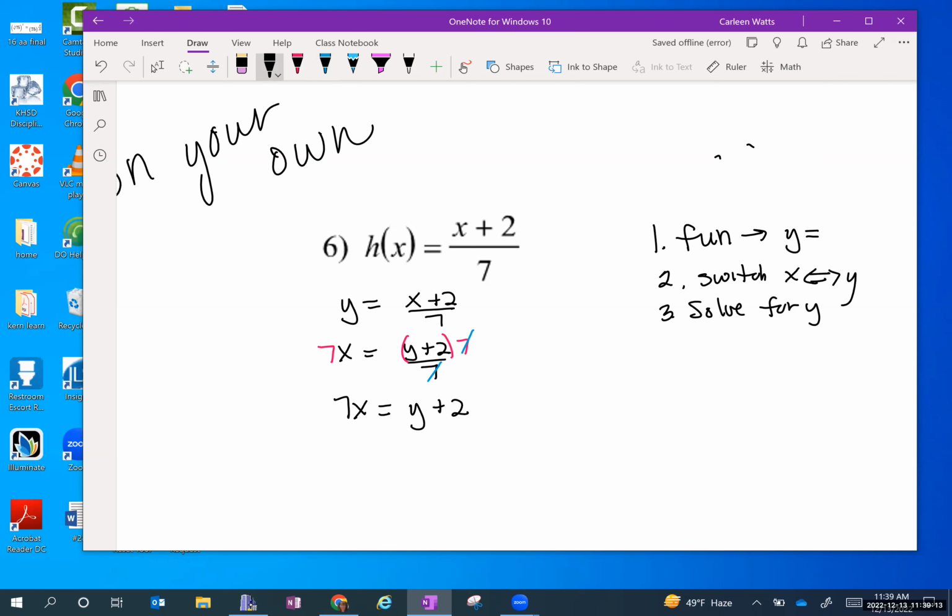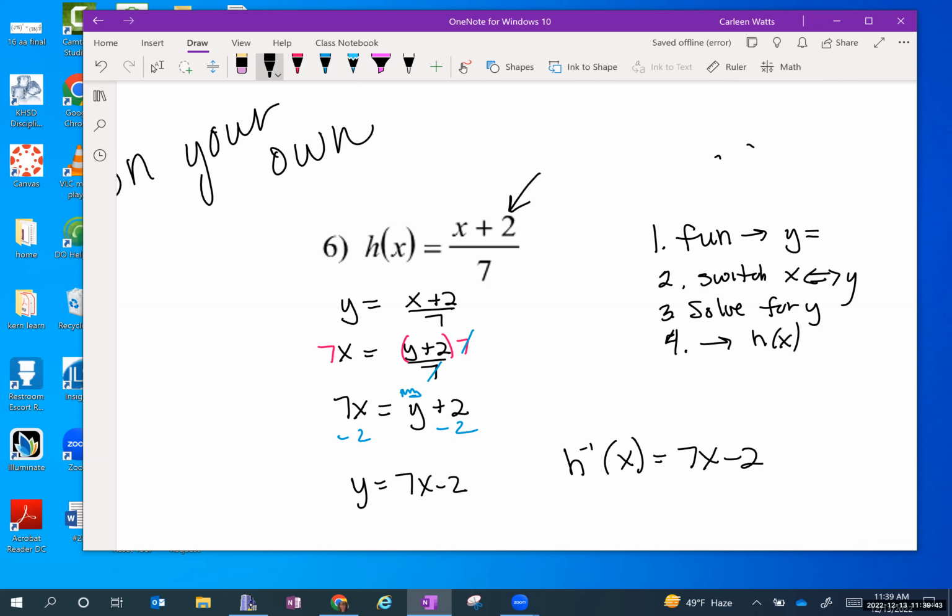So we're solving for y. Here's a little crown. So we're going to subtract 2. Y is equal to 7x minus 2. Solve for y. Back to function notation. H inverse of x is equal to 7x minus 2.